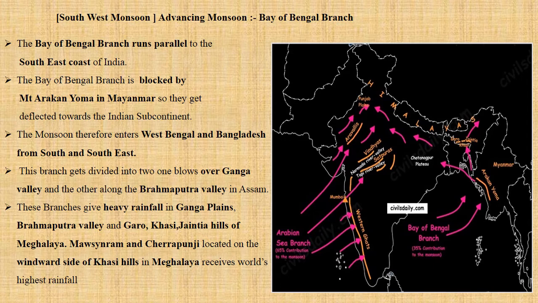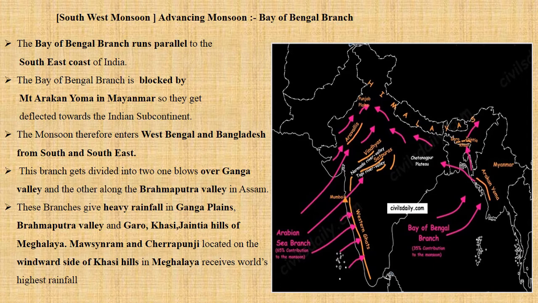Thar Desert lies to the leeward side of Aravalli, that is the west side of Aravalli. We also call it the rain shadow region. So, the Arabian Sea branch and the Bay of Bengal branch do not give much rainfall to Thar Desert.